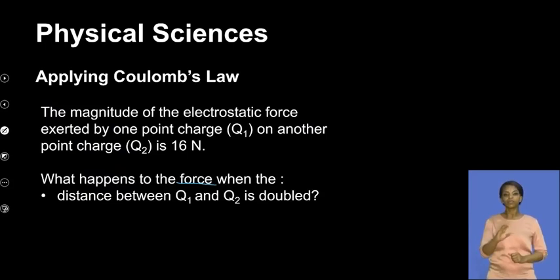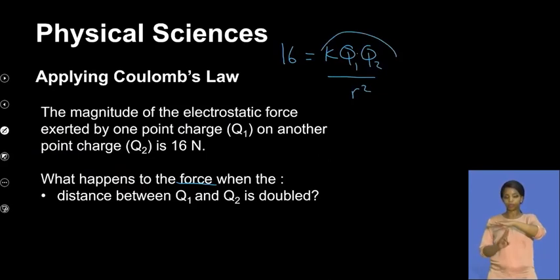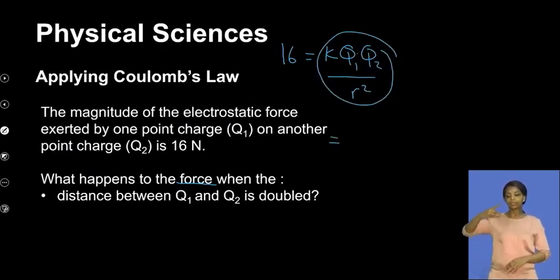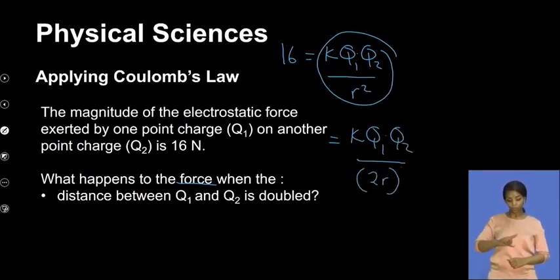So what we know is that 16 is equal to K Q1 Q2 over R squared. Now we're going to double the distance. So this is our 16. If we double the distance, it's going to be K Q1 Q2 over 2R. Now we are squaring 2R, take note of that. If we square 2R, this reduces to K Q1 Q2 over 4R squared.